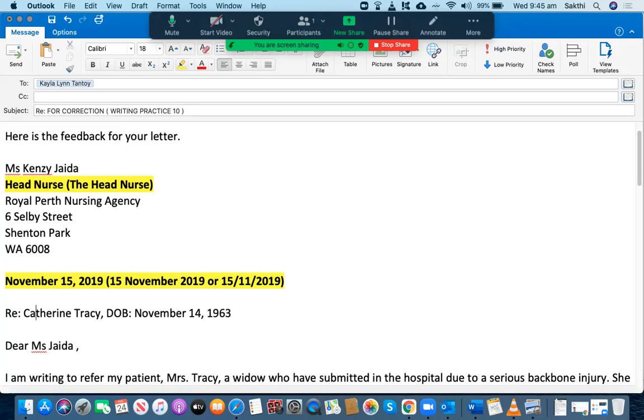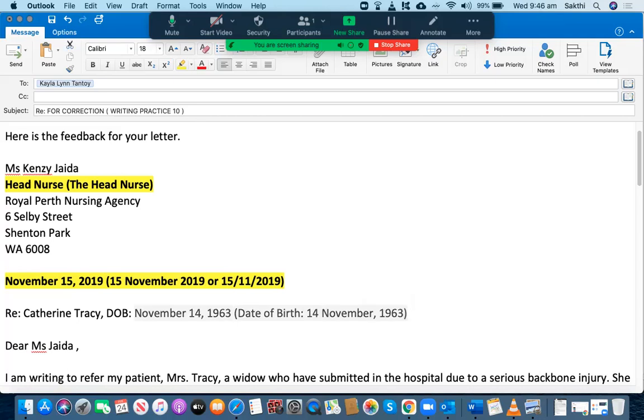And then she has written Catherine Tracy, DOB November 14, 1963. Okay, so DOB needs to be expanded, and then the format of the date of birth is not good. You can write date of birth, and then you can say 14 November 1963.